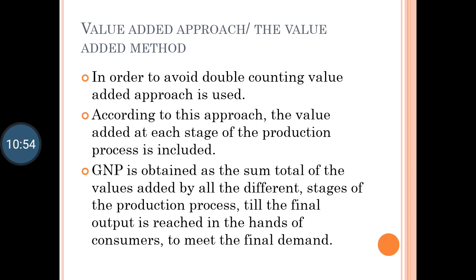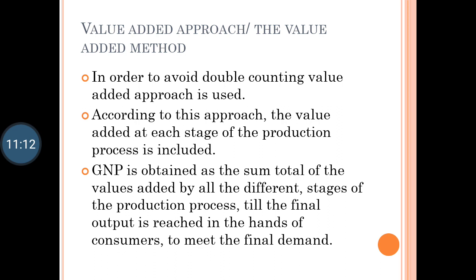Okay, let us go to the second point. According to this approach, the value added at each stage of the production process is included. As I told you, at each stage whatever values are spent, we add up those values.